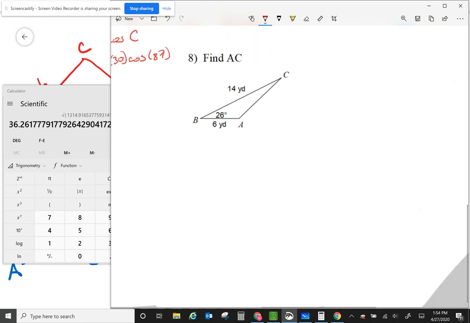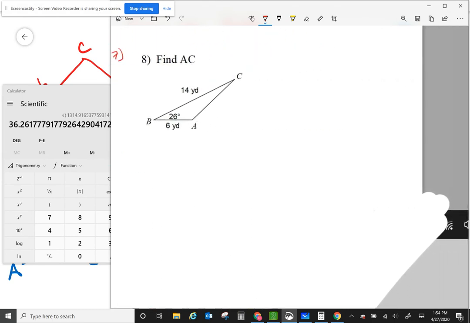Let's take a look at number 8. I'm looking for side AC. Side AC is actually little b. I have angle B, so I'm going to use law of cosines. Since I have angle B, I'm going to use the second formula I gave you guys.